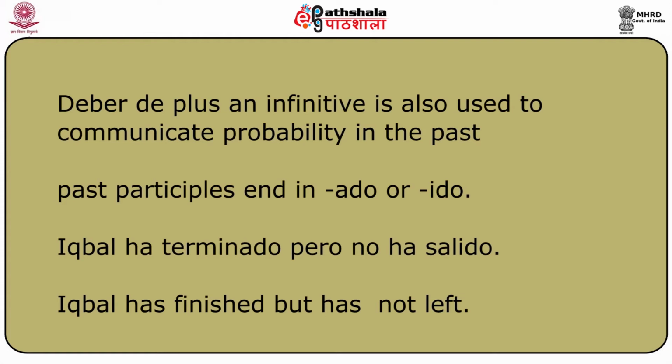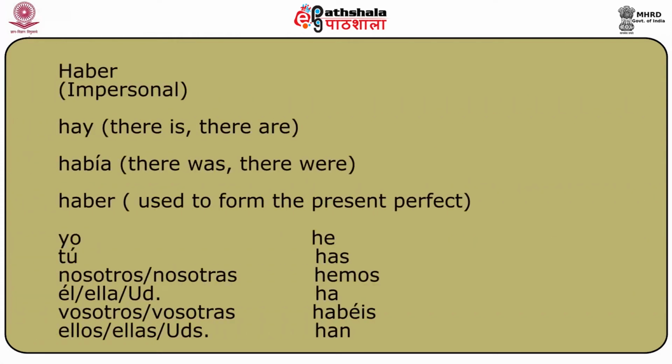So, to form the present perfect in Spanish, we use a form of the auxiliary verb haber, a verb not commonly used in simple tenses except for the impersonal form hay, there is, there are, or había, there was, there were, etc. Given here are the present tense forms of haber used to form the present perfect.